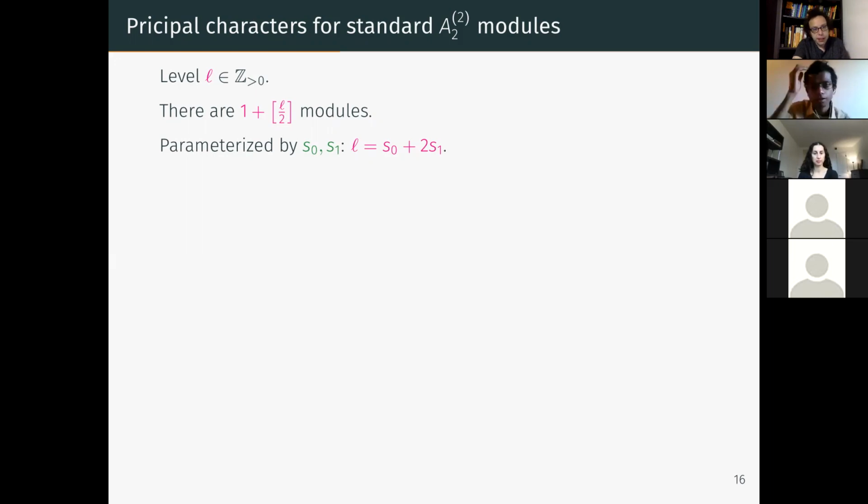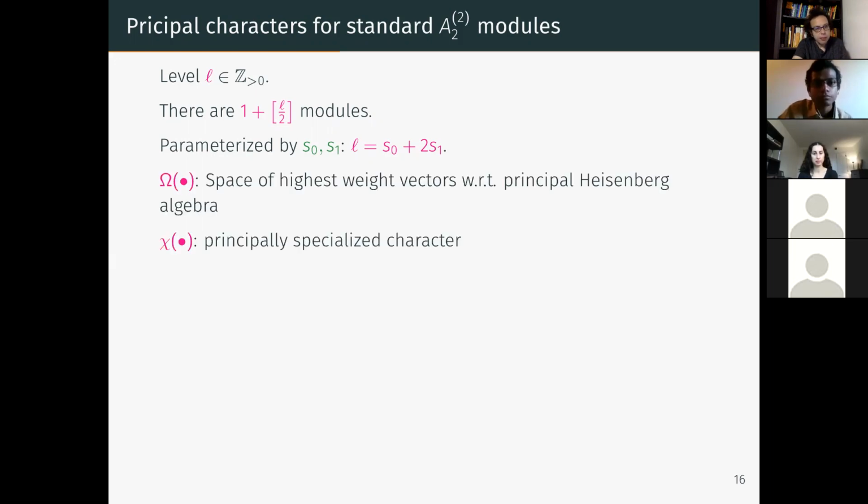Now, I want to remove that fudge factor in the character that I told you before. That corresponds to looking at the space of highest weight vectors with respect to the principal Heisenberg subalgebra of A22, and then taking the principally specialized character.